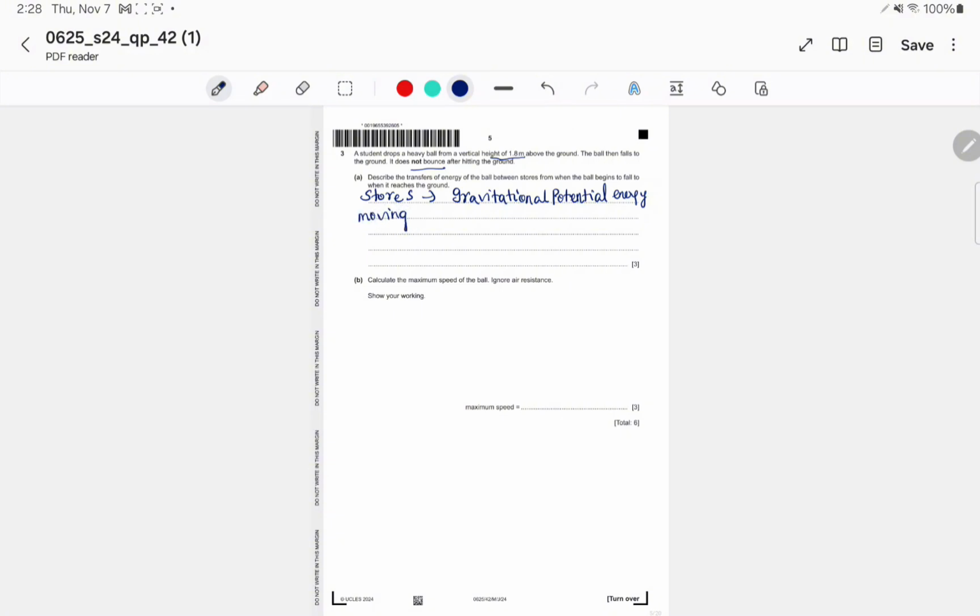When it starts to fall down, the GPE is converted to kinetic energy as it moves down.